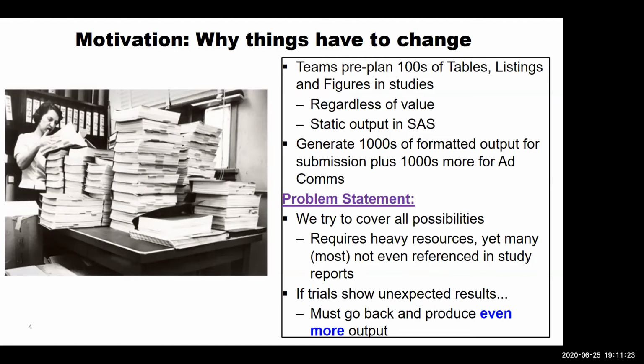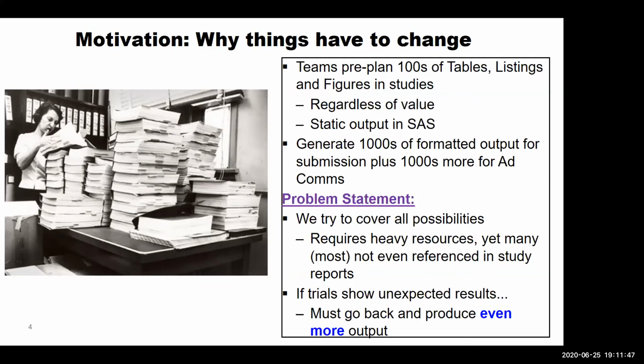And the problem is that oftentimes we try to cover all of the possibilities, so that when you write your analysis plan, the clinical teams put in absolutely everything that they could potentially want. And unfortunately, oftentimes the trials show unexpected results.